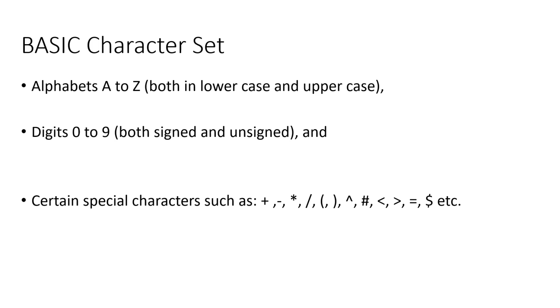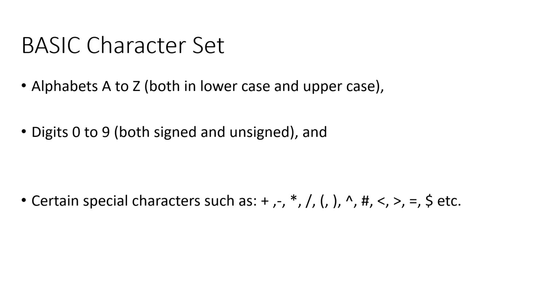When we say digits 0 to 9, it can either be signed or unsigned. Signed data means variables that can contain both positive and negative numbers. Unsigned data would only be able to hold 0 and positive numbers.